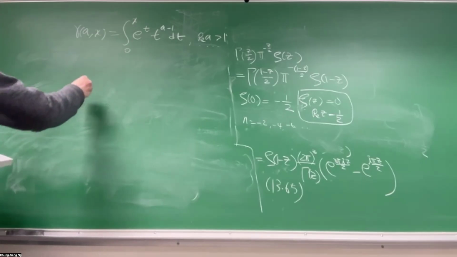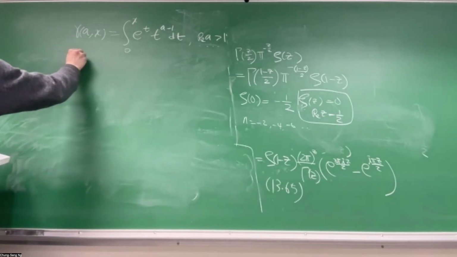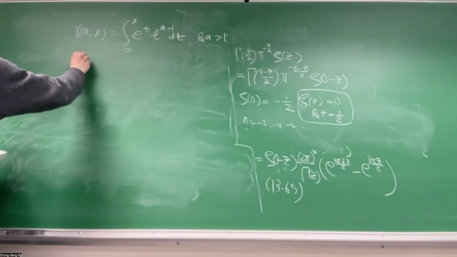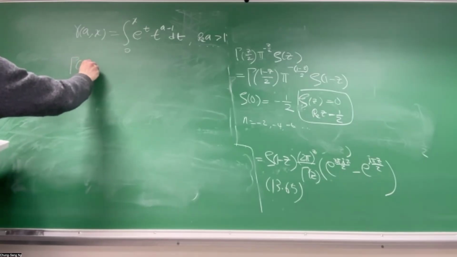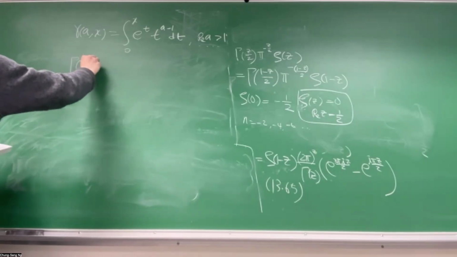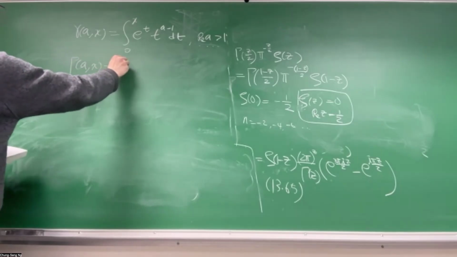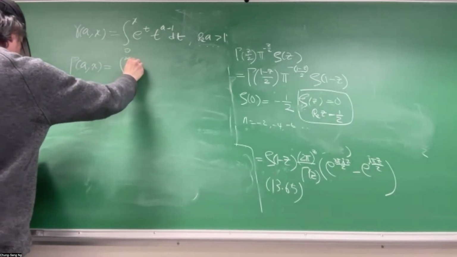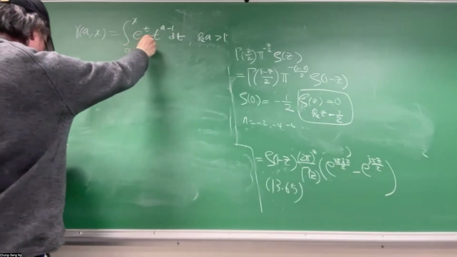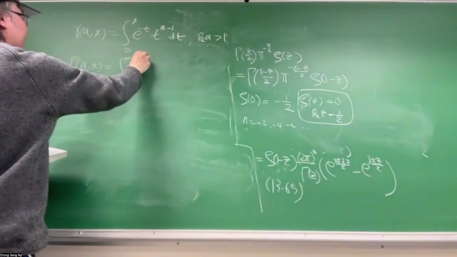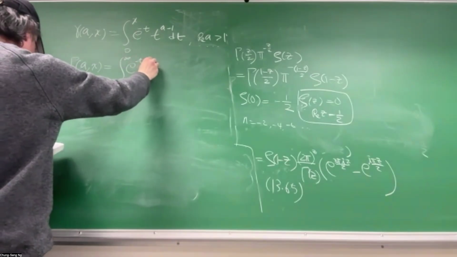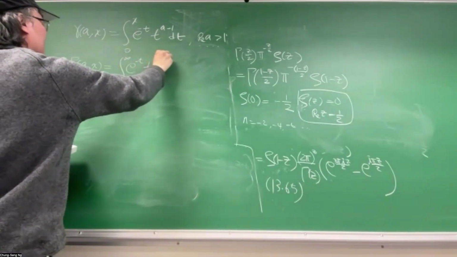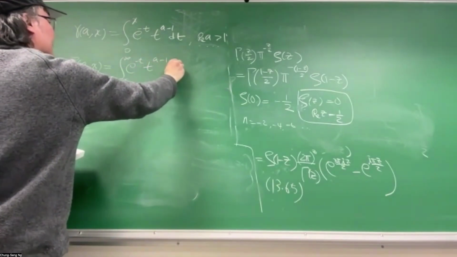there's a complementary kind, capital gamma a, x. Now it's the rest of the integral, from x to infinity, of e to the minus t, t to the a minus 1 dt.